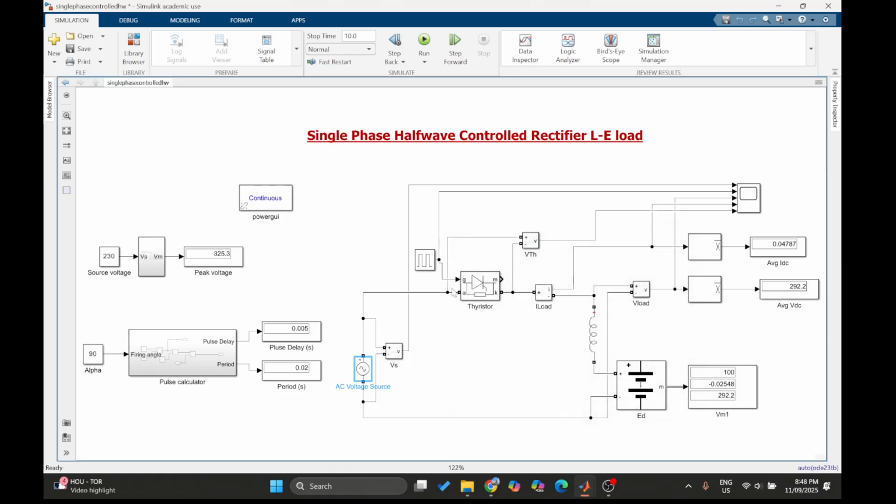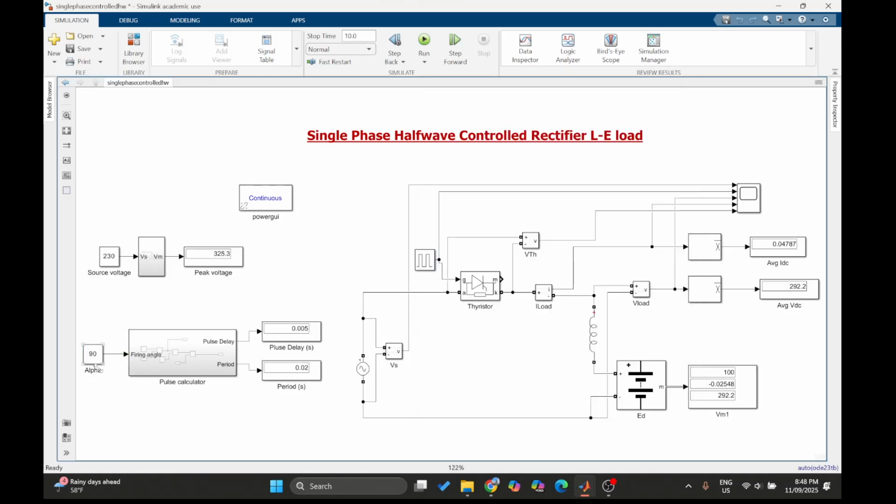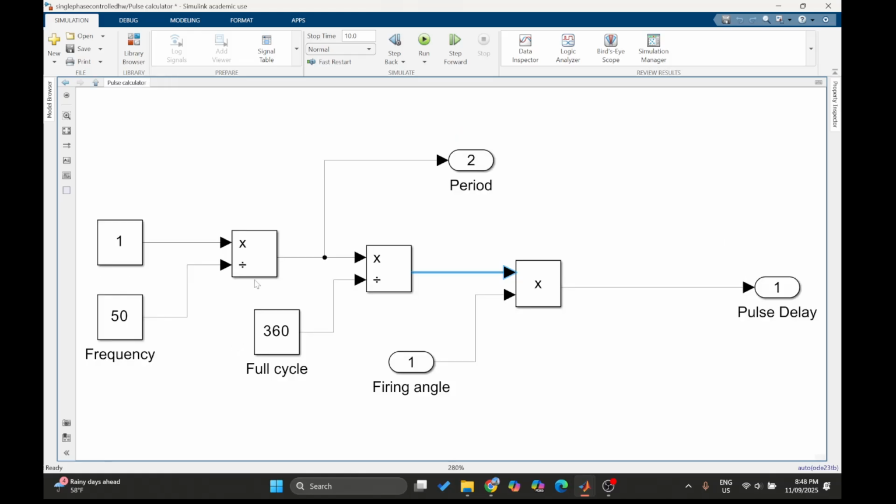Next, to turn on and turn off the thyristor, I am using a pulse generator, and these subsystems will calculate a pulse delay and a period. Considering the alpha or firing angle of 90 degree, I have a subsystem that will first calculate the period.